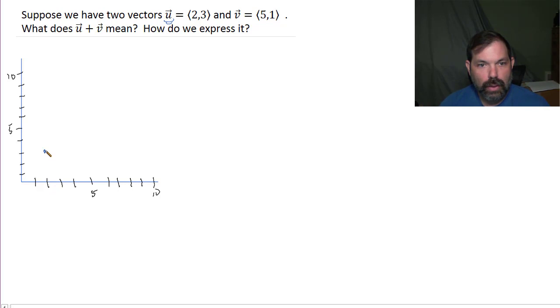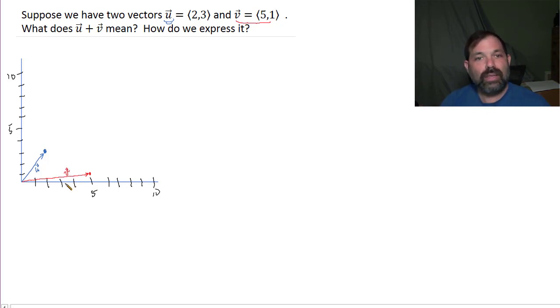So here's the u vector. The v vector is 5, 1. So that's the v vector.